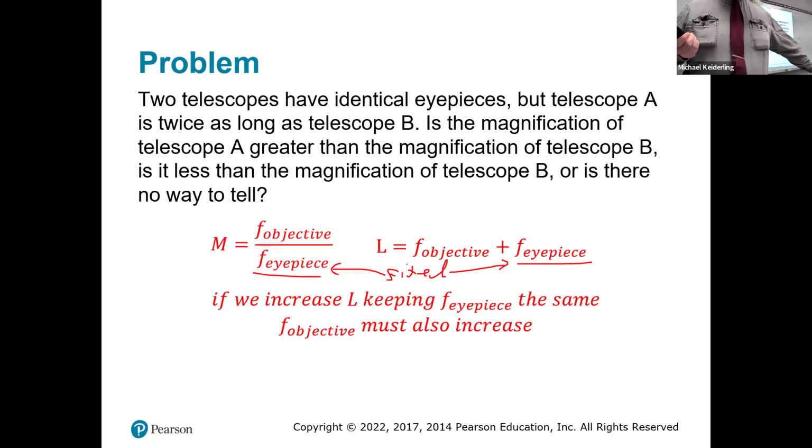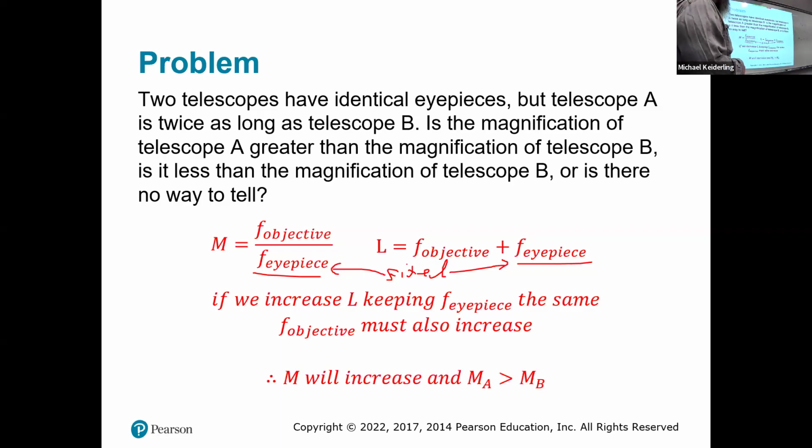That make sense? L equals F objective plus F eyepiece. If F eyepiece can't change and we increase L, we must be increasing F objective. So if F objective increases while F eyepiece stays the same, the magnification must increase. So the magnification will increase, MA is greater than MB.